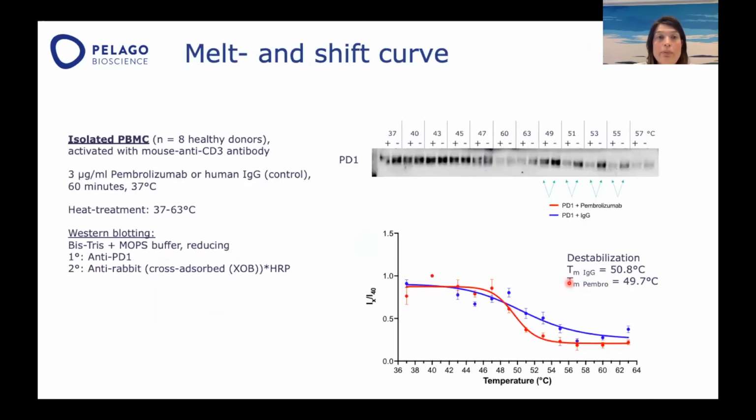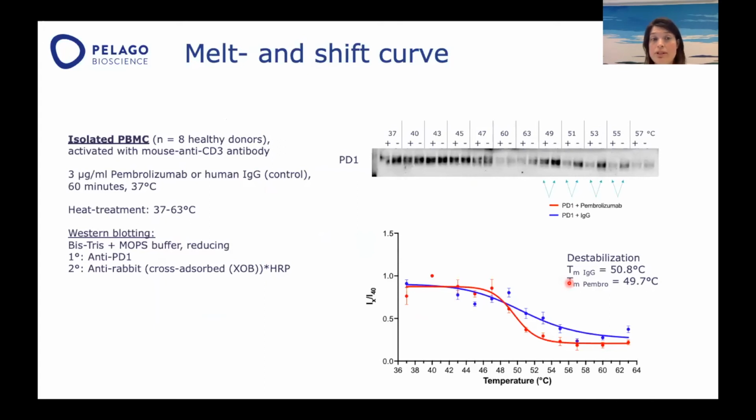So going back to the Navigate format, using Western blot, we have profiled Keytruda in PBMCs. These have been activated with the CD3 antibody, and then we incubated with Keytruda or a control human IgG.